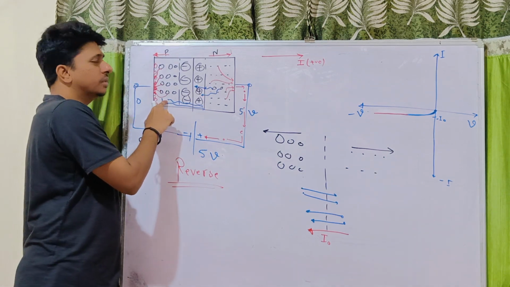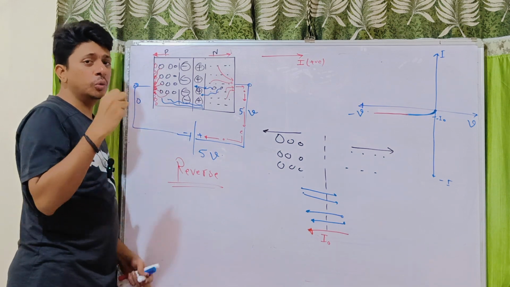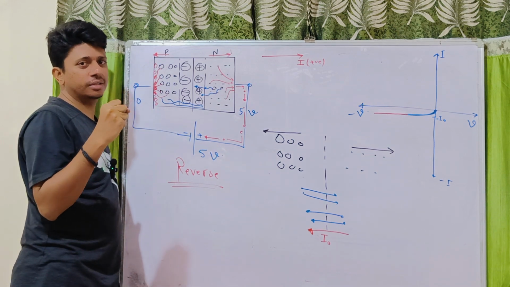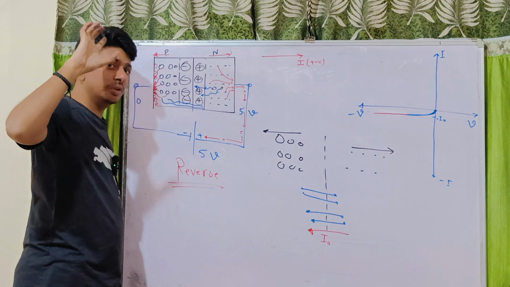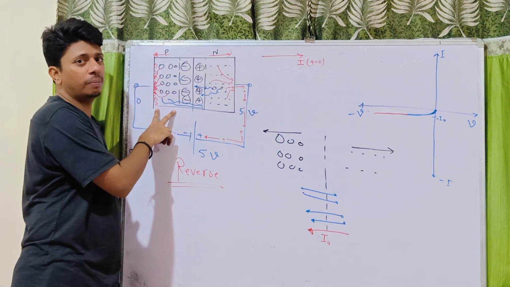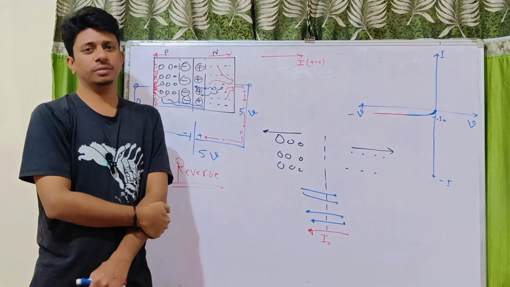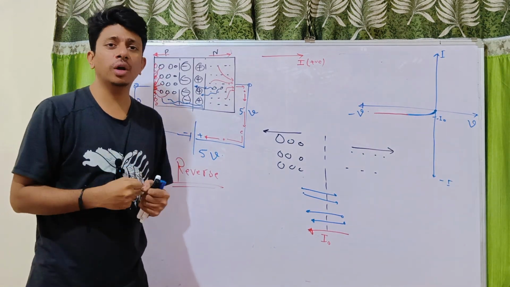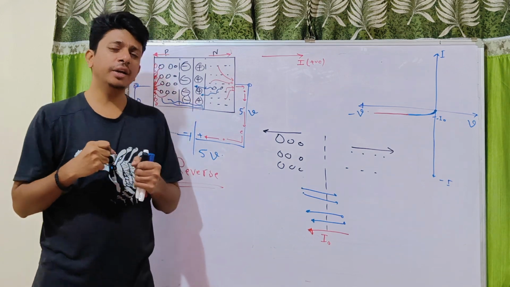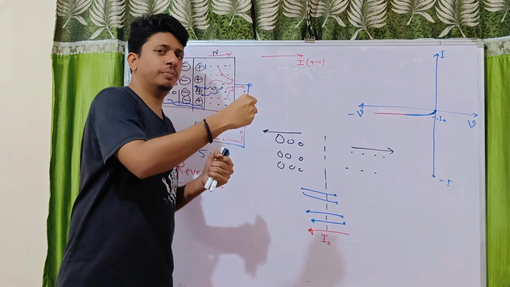These electrons will absorb a huge amount of energy. Now our concept, whichever we have seen in our video number 1, that concept will be useful. These electrons at very high voltage will absorb more energy, and they will start moving very fast.